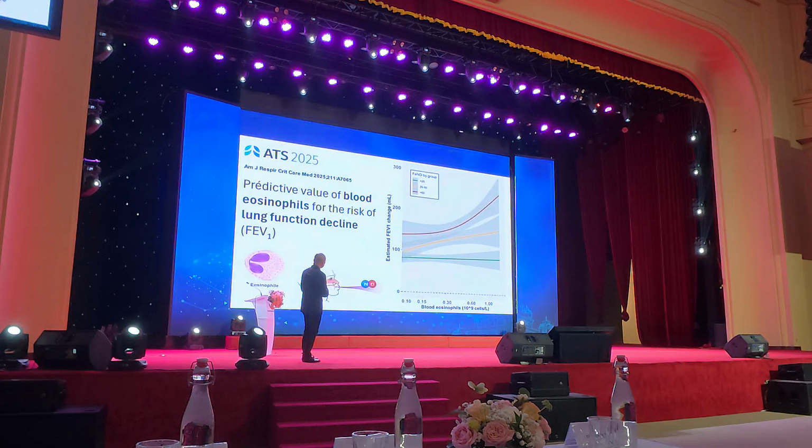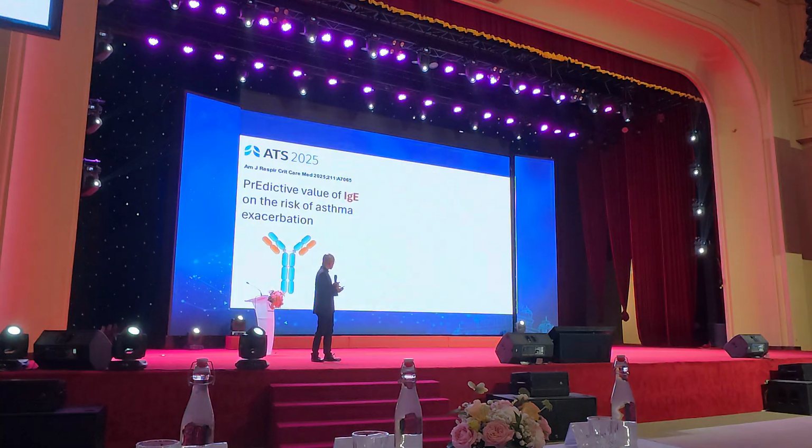When FeNO is very high, more than 50, and when eosinophils are also very high, the likelihood of having decline in lung function in the next year will also be very high. And therefore, measuring both biomarkers, depending on the clinical situation, will give you valuable information in order to follow the patient and in order to be effective.